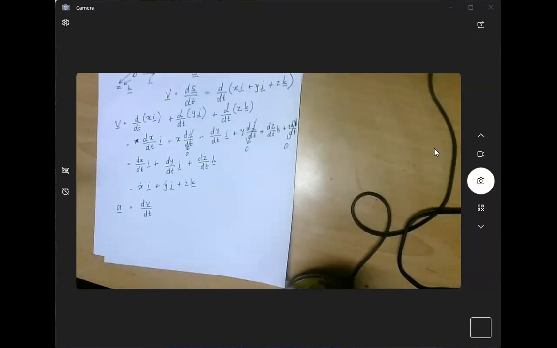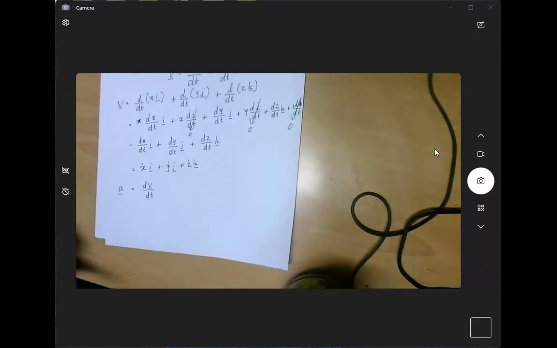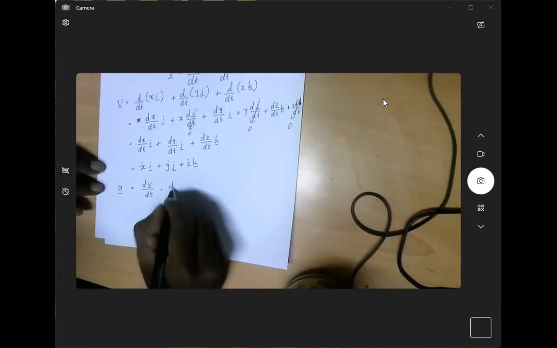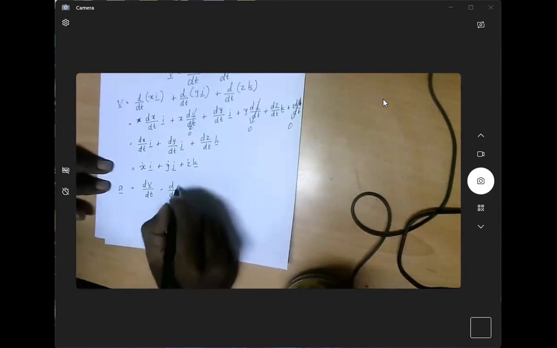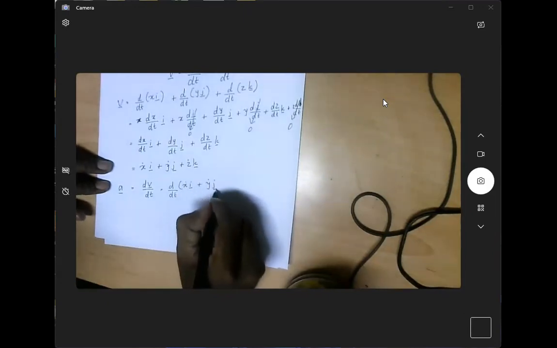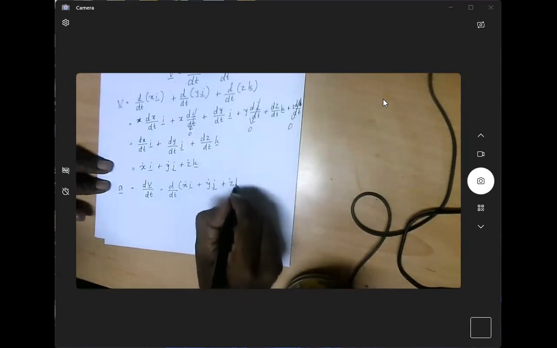Now find the acceleration by differentiating velocity with respect to time. So this will be dv over dt, that is d over dt of x dot i plus y dot j plus z dot k.